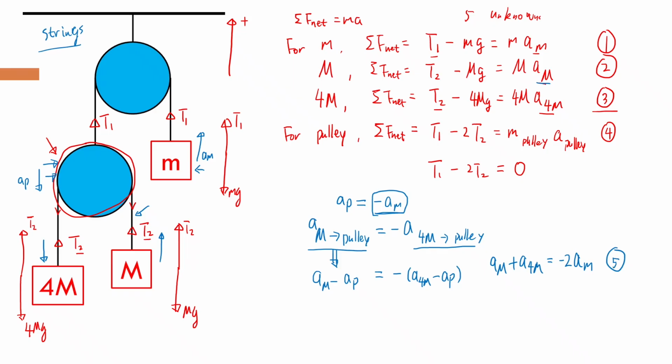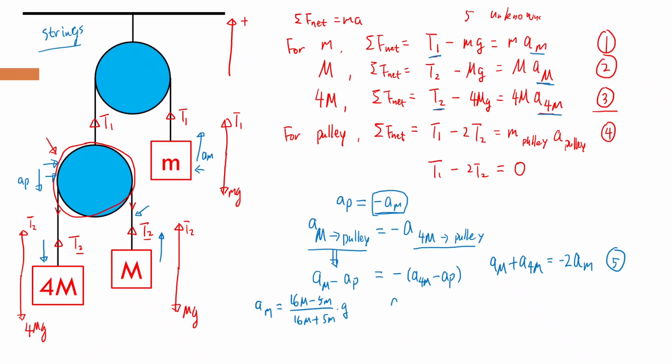I have 5 unknowns: T1, T2, and 3 accelerations, a small m, a big M, and a 4M. So if I combine all these equations and solve all of them, this is what I get. For small m, my acceleration equals 16M minus 5 small m divided by 16M plus 5 small m times g.